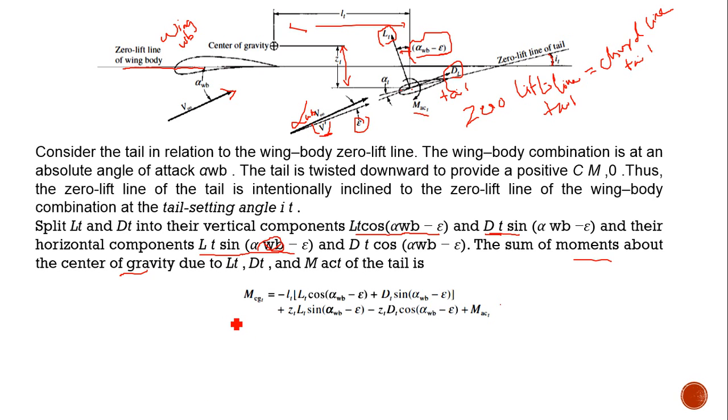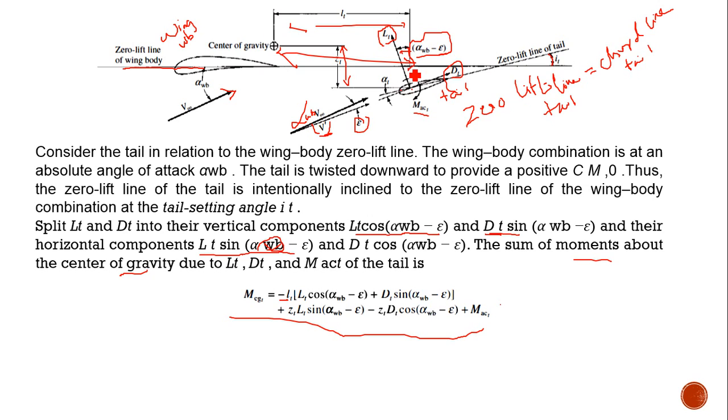So the total moment about the center of gravity due to the tail, MCGT, is equal to, because we are calculating the moment for the center of gravity, LT cos(alpha WB minus epsilon) into capital LT plus DT sin(alpha WB minus epsilon) into capital LT, and the minus symbol indicates that it is in a negative direction.